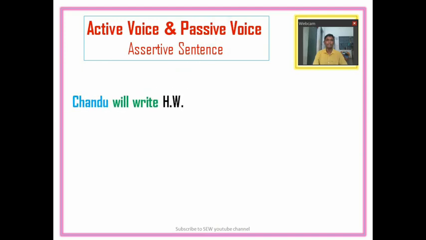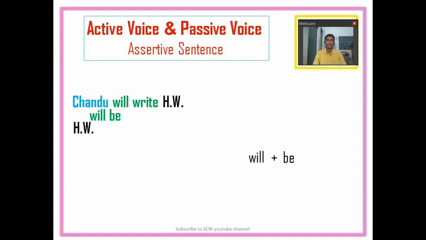Next example, Chandu will write homework. Who will write homework? Chandu will write homework. So Chandu is the subject, will write is the verb, homework is the object. So the object becomes the subject in passive voice. So homework. Next, will is the helping verb, and plus be should be added to that.